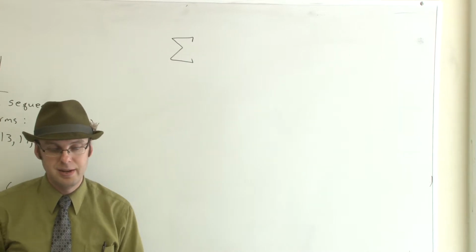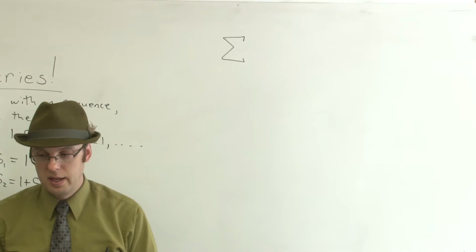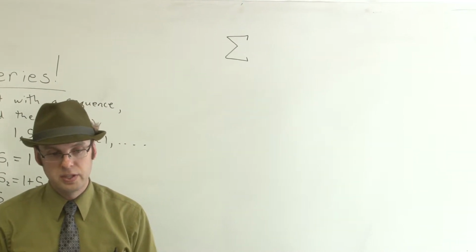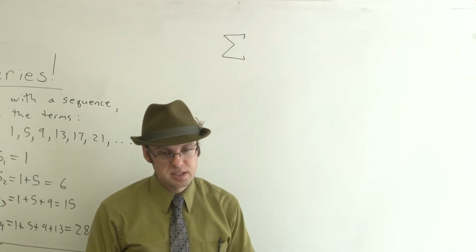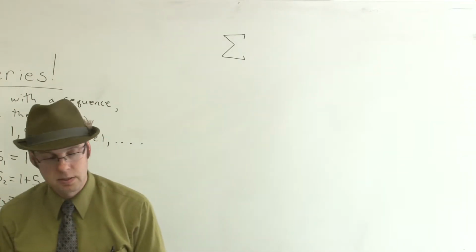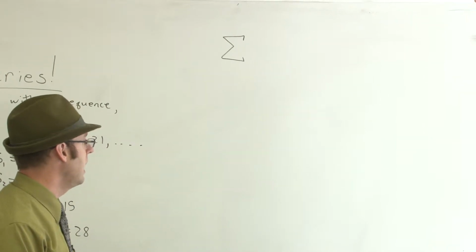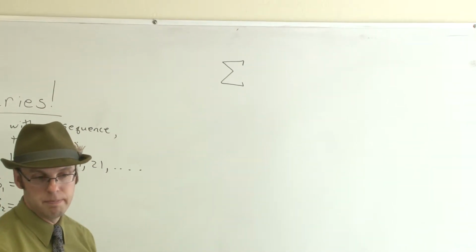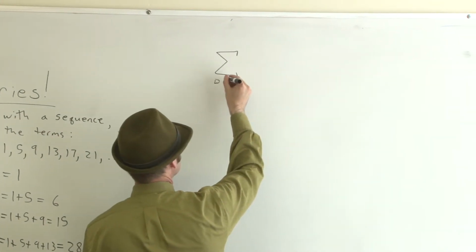Everybody's got a sigma button and it works almost the same for everybody. There's some variation between 84s. For some of you, you have to do it in parentheses style, and for others, they give you little boxes to fill in.